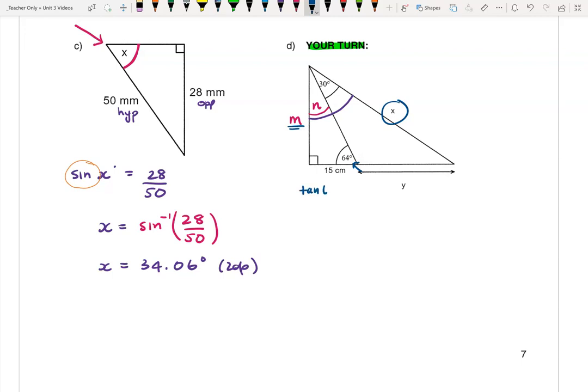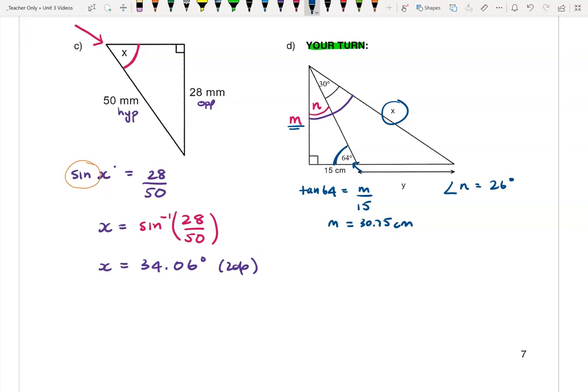So the tan of 64 is m over 15, so multiplying by 15, m is going to give me 30.75 centimeters. I also know that angle n is going to be 26 degrees because that is 90, take that 64 degrees in that small right triangle.